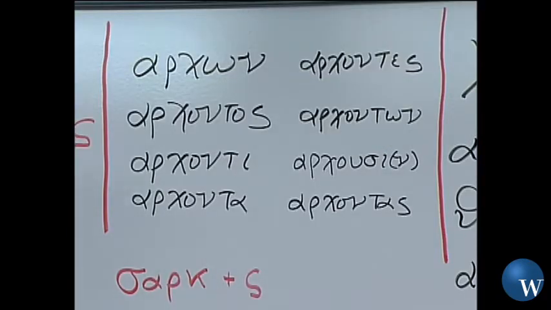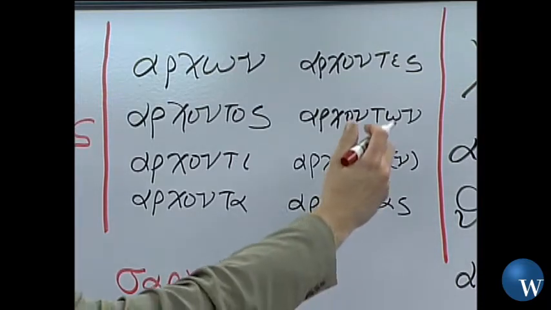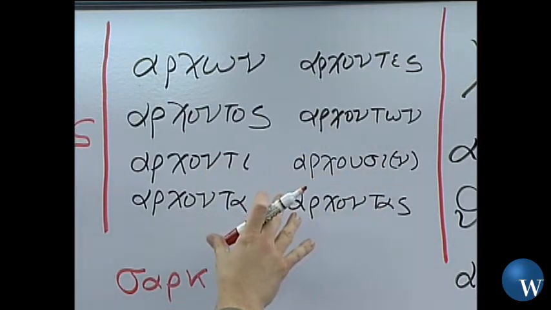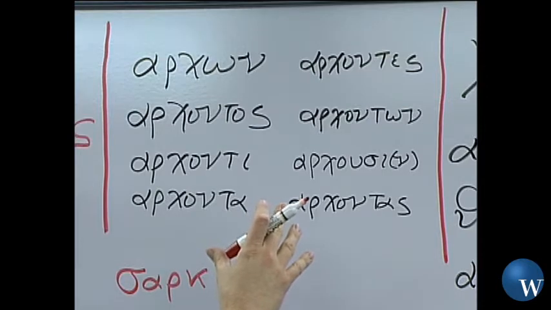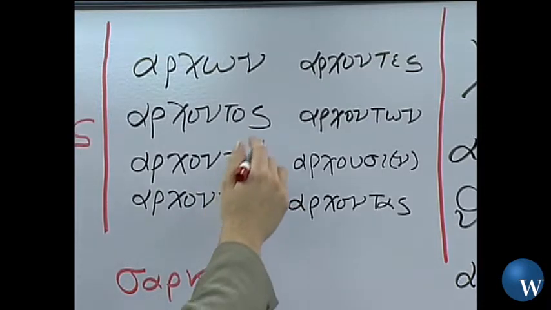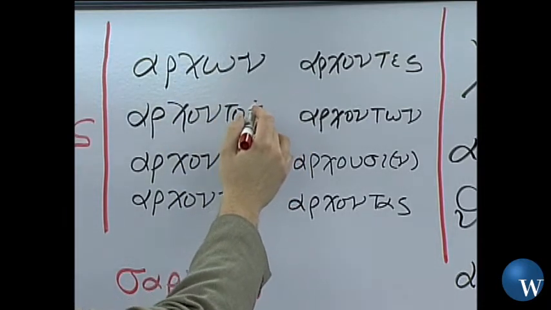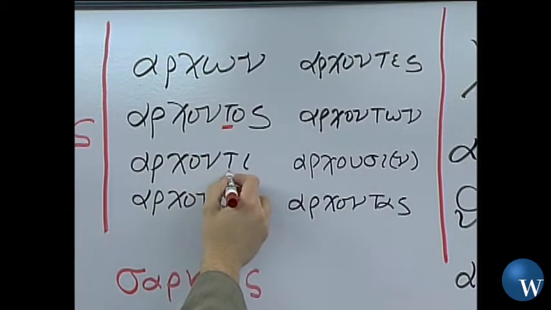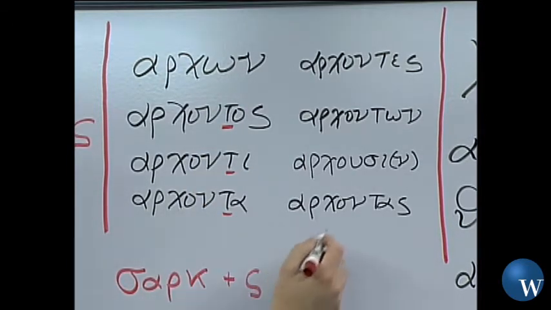Okay, now let's go to the board and notice that same paradigm up here, and notice that it is a little bit different from the endings we learned from the first and second declension. Here is our word archon, but I want you to notice that actually our stem ends in this tau.